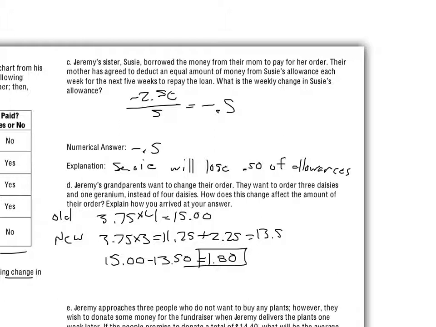As we look at what Susie does, she ends up borrowing money from her allowance, so she ends up losing over a 5-week period 50 cents of her allowance, so that's why we get a negative value.